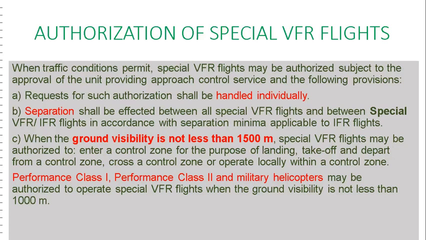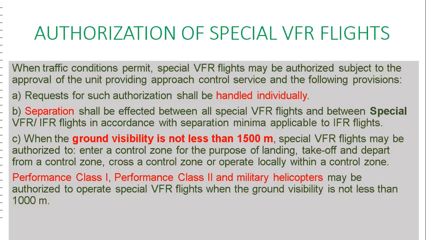After taking that approval, he can allow you. But a request for such authorization shall be handled individually. If there are 5 or 6 VFR flights, it is not possible to approve all as special VFR. Why this? We will learn from the next point.